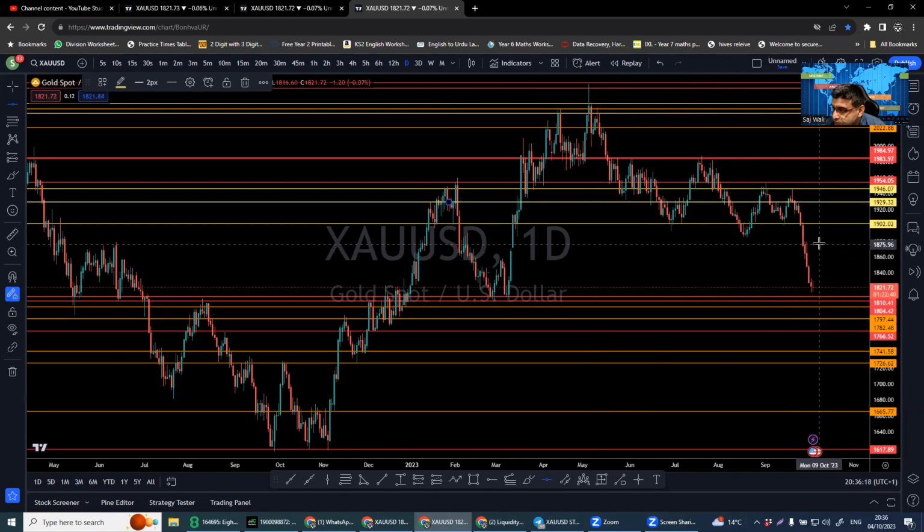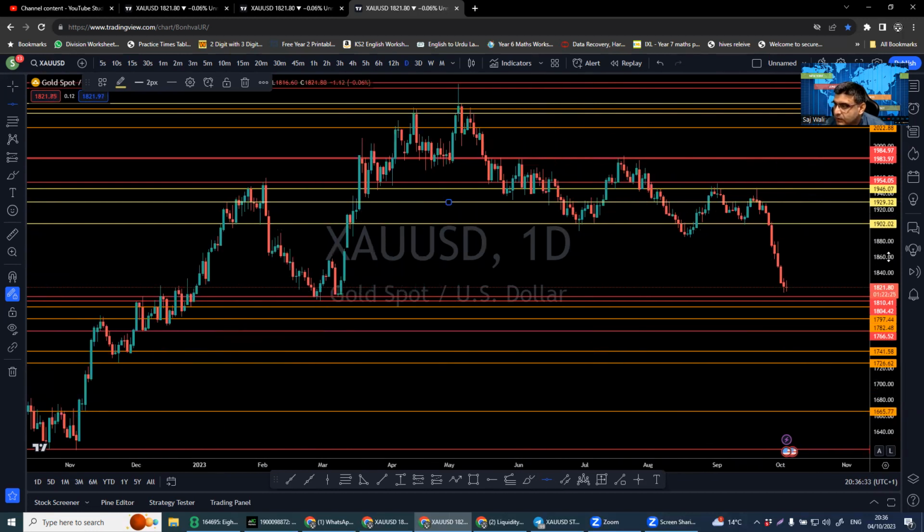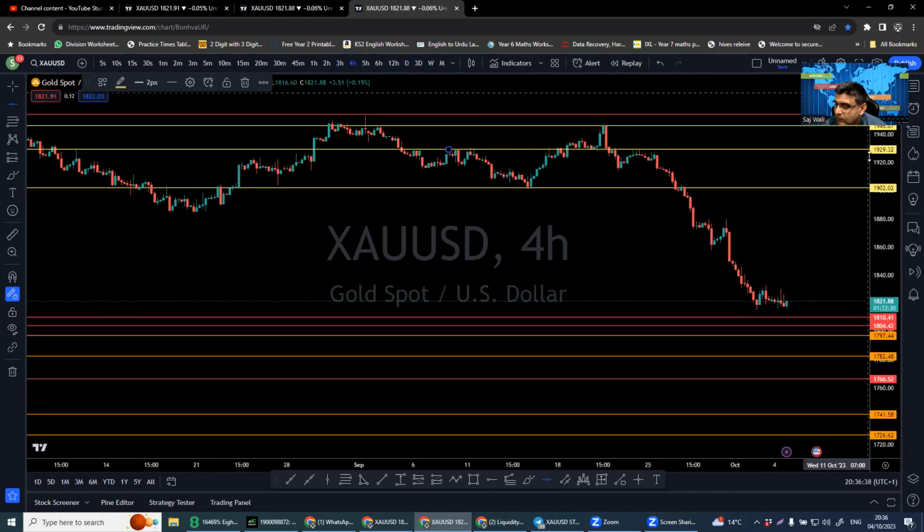So it's going to be a level, but I leave it for now. We don't want to confuse too many levels. Just pay attention to the price movement, and you can adjust your time levels accordingly.